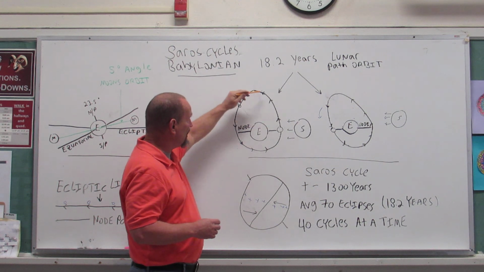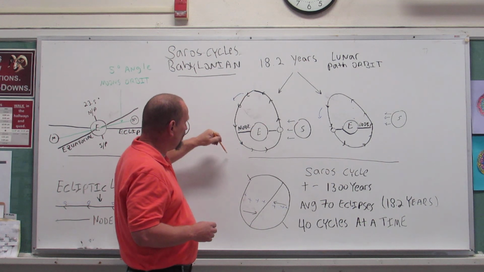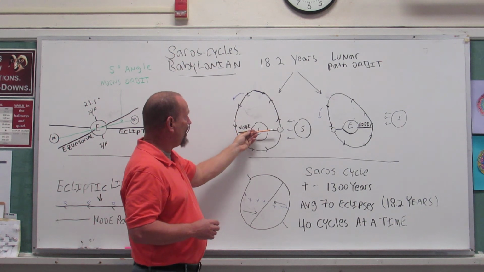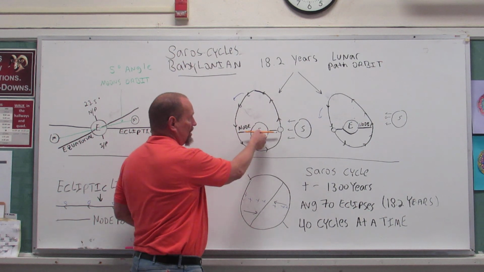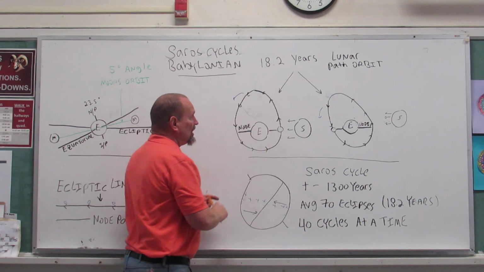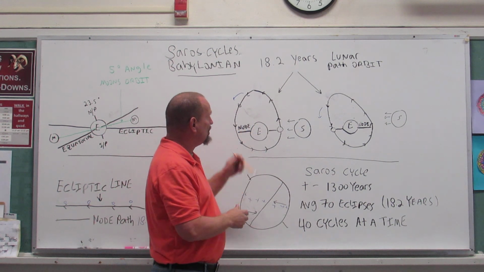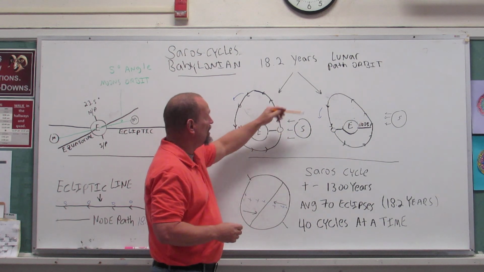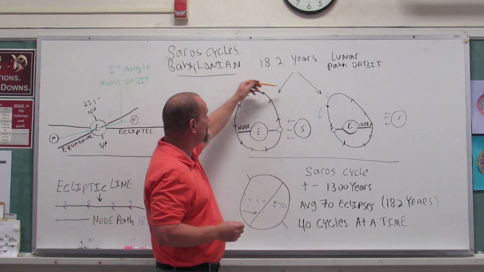So you kind of have this egg shape that comes all the way around like so and comes this way, like so. That causes these nodes to spin like this. So when the Moon comes back to its nodal position at the right time, the orbit will have actually moved a little bit.